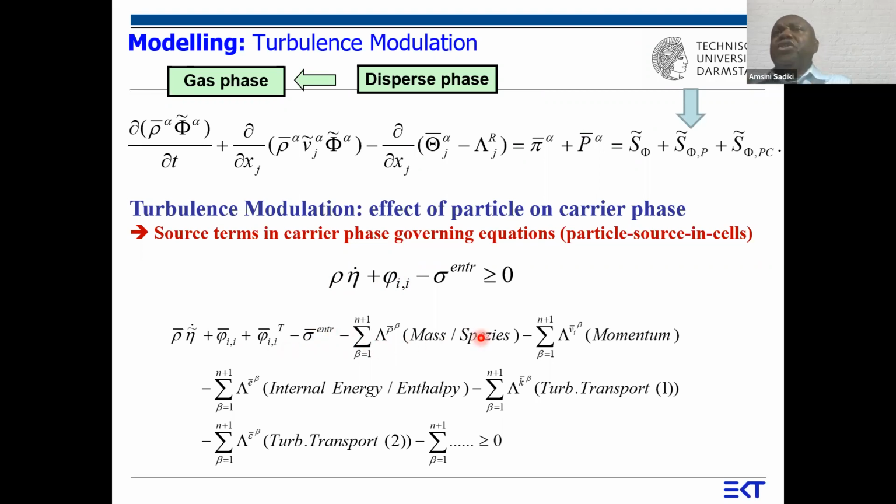And also we have some additional equations which account for different processes we can have in our turbulent flow. It can have the mass transport, continuity equation, momentum transport, energy equation, enthalpy equation, and other kinds of turbulent quantities which can be transported.